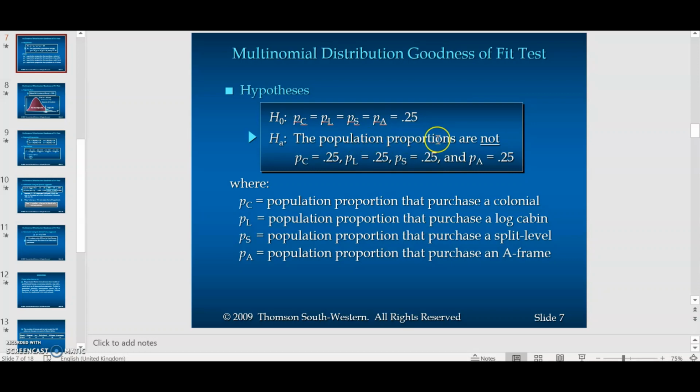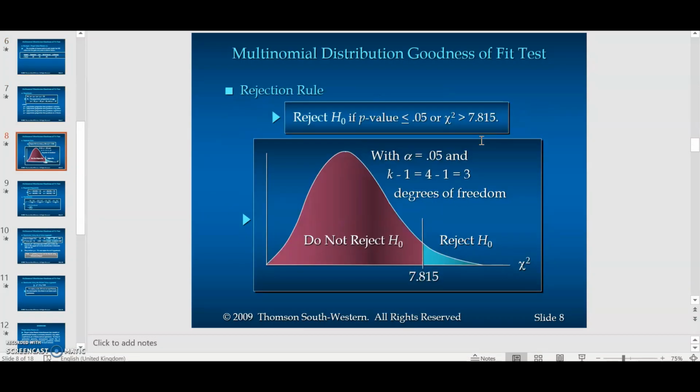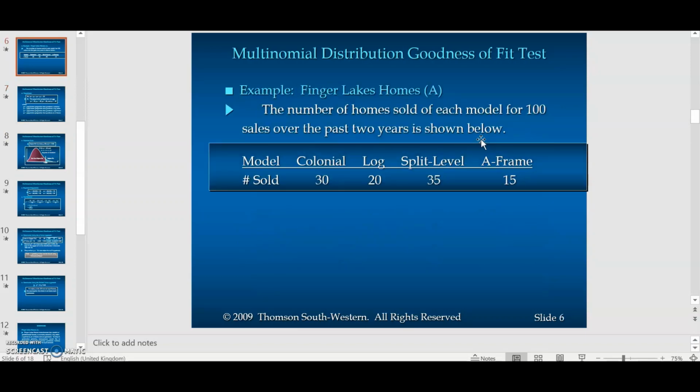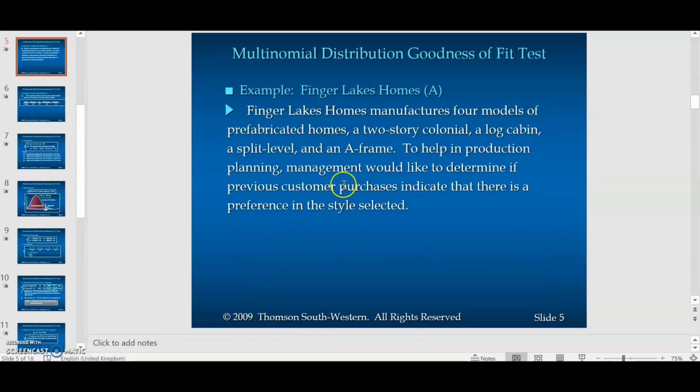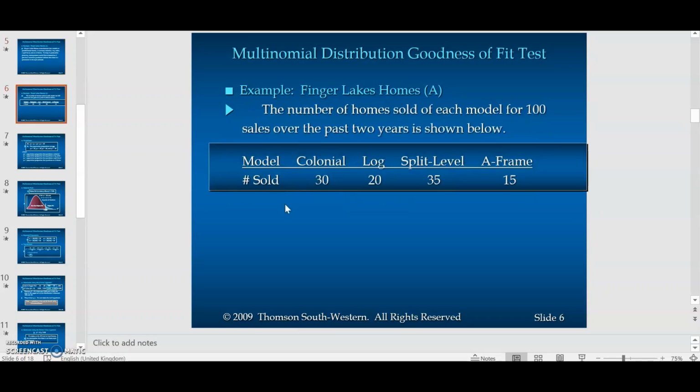When the population proportions are not equal, it means that the previous customers have certain preferences in the style of home selected.